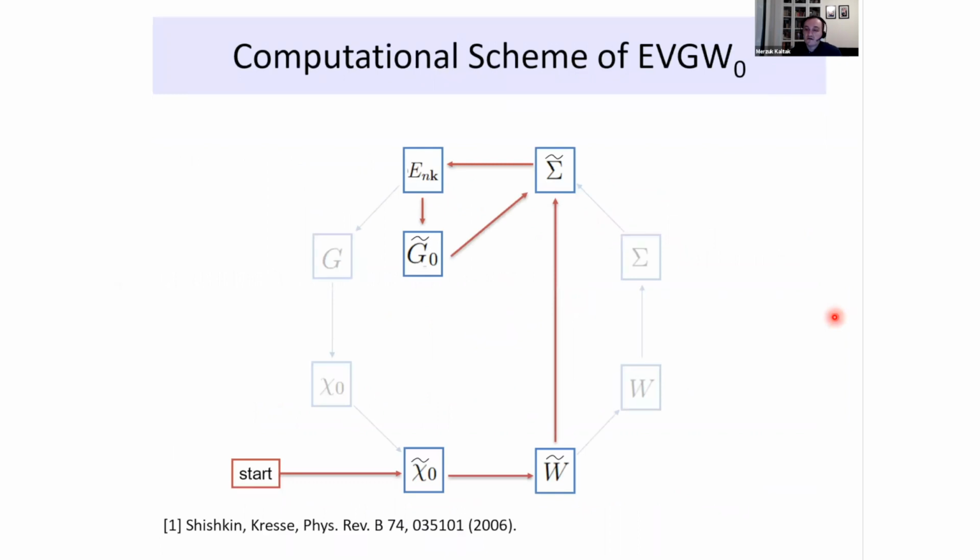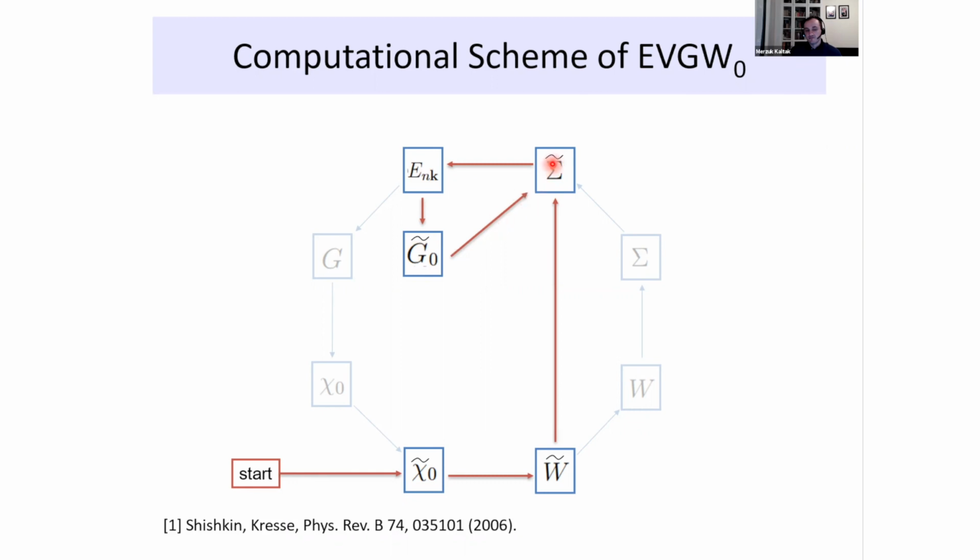The scheme of this method can be illustrated as follows. So again, you start like in the single shot GW calculation from the direct computation of the polarizability and do this one shot G0 W0 approach. You get a new set of quasi-particles and you interpret these quasi-particles as the new poles of the non-interacting Green's function.